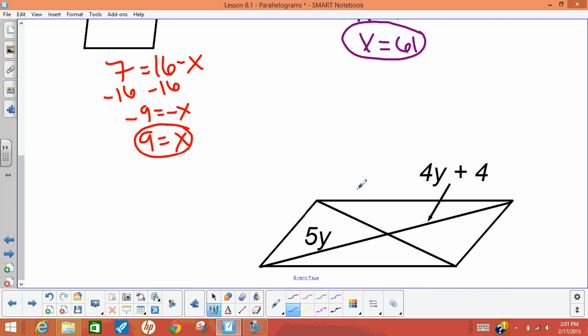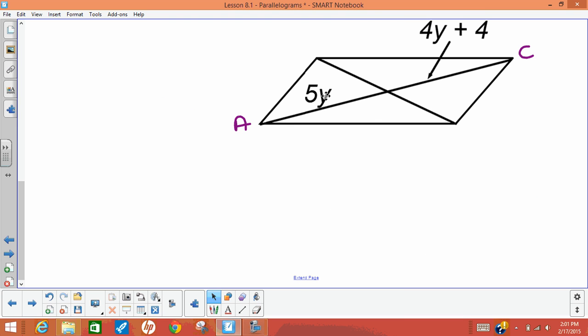Last but not least, I have two diagonals in a parallelogram, and this one diagonal, we'll call it AC, has one piece that's 5y and another piece that's 4y plus 4.